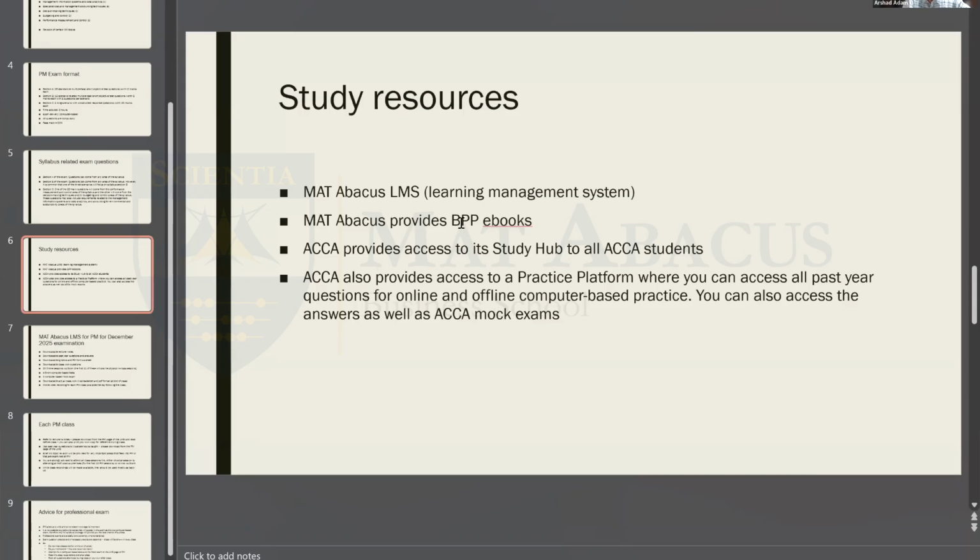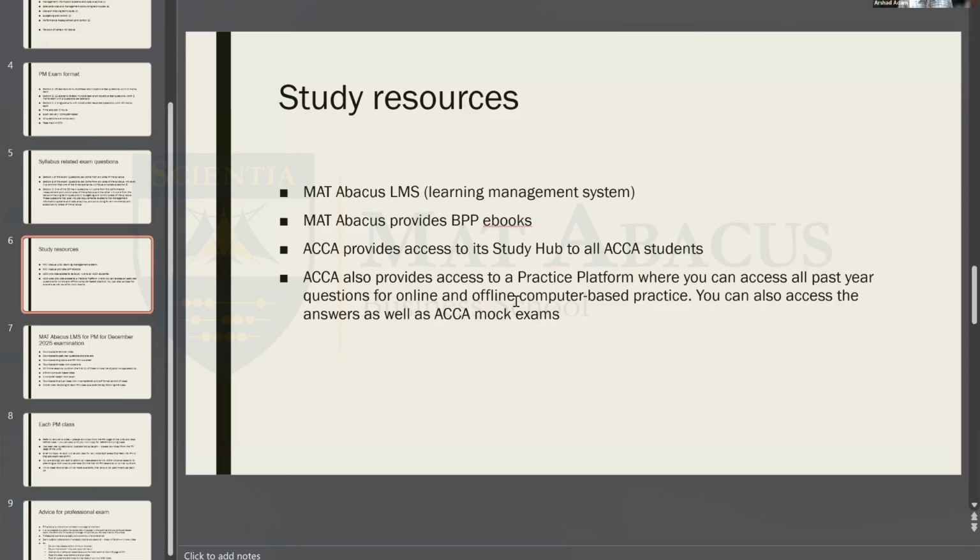Also, the school will give you an ebook, a BPP ebook. Then ACCA gives you access to its study hub. All ACCA students get this access. And ACCA will also provide you access to a practice platform for you to see and attempt past year questions.